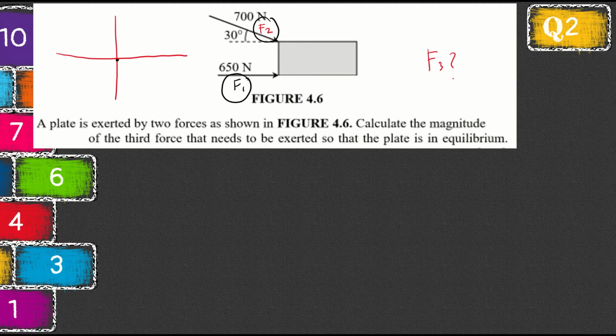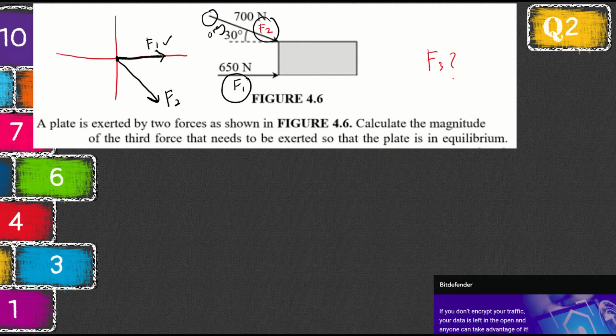Your F1 is going to be at this position in the XY axis, and for F2, make sure the tail is at the origin. So this is your F1, and now F1 is exactly in the X axis.